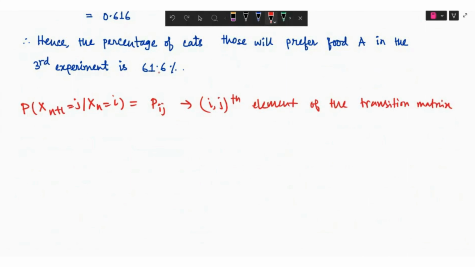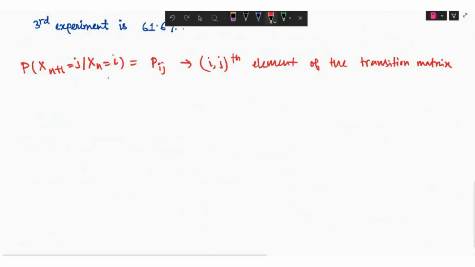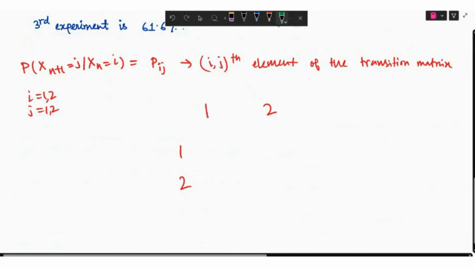Here i equal to 1, 2 and j equal to 1, 2. So we have basically 1, 2 by 1, 2 for calculating the transition matrix. Let's say this is X0, or say Xn, whatever you prefer. This is X1, or let's say Xn+1.